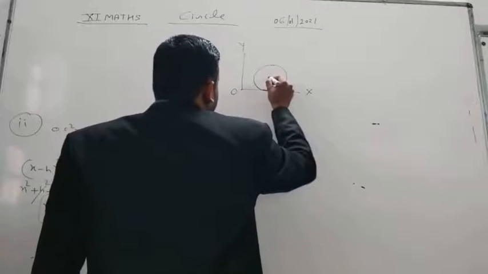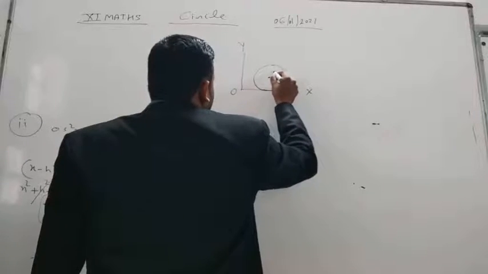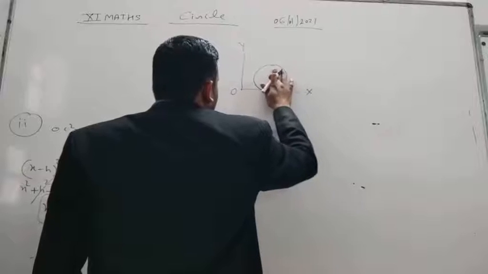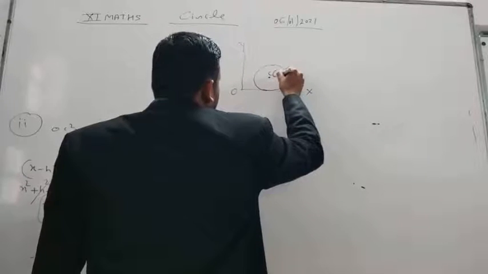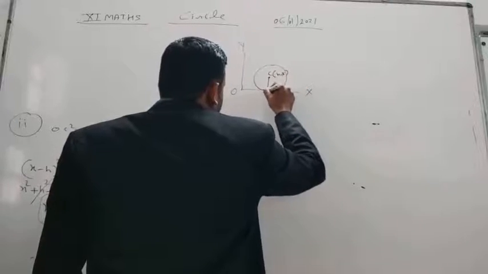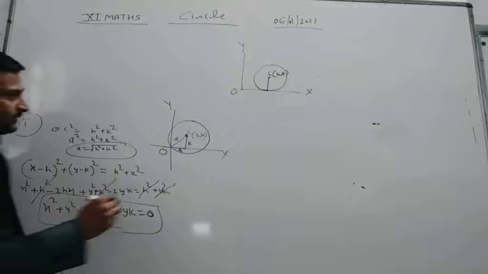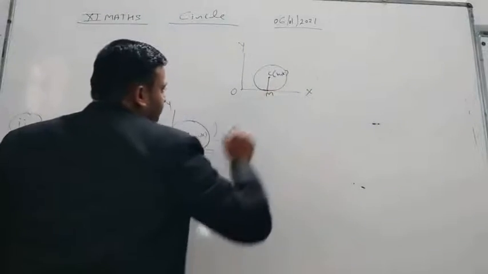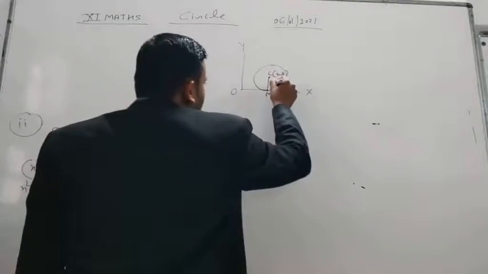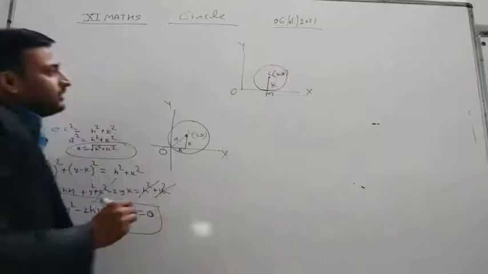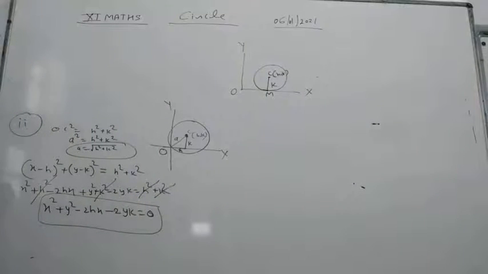Okay. Now this is center C whose coordinate is (h, k), student. This is perpendicular. Now we are taking the point here, and this is our k, and a is equal to k.